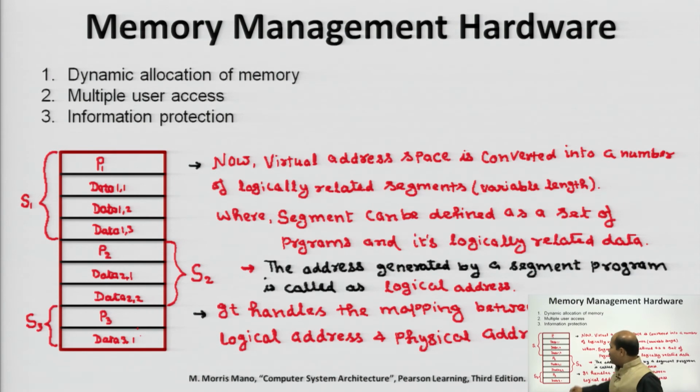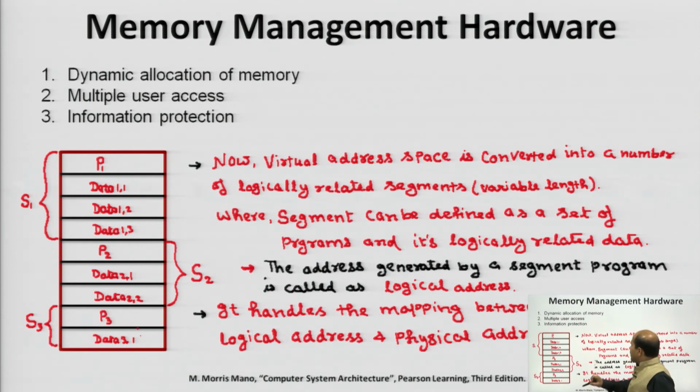The virtual memory is divided into different segments. This concept provides dynamic allocation of memory, and multiple users can access this virtual memory or address space, and also multiple programs can be stored in it.